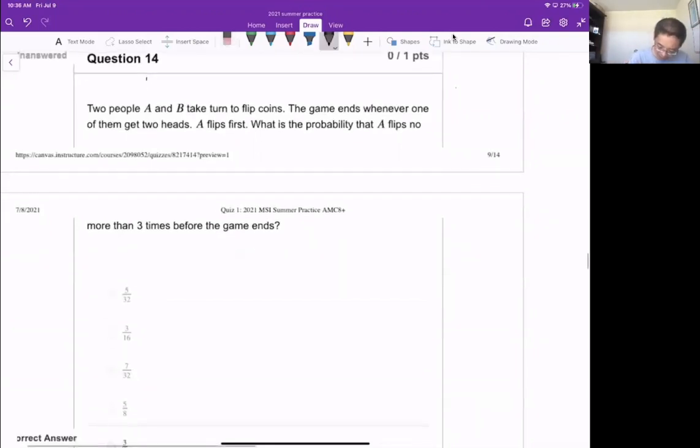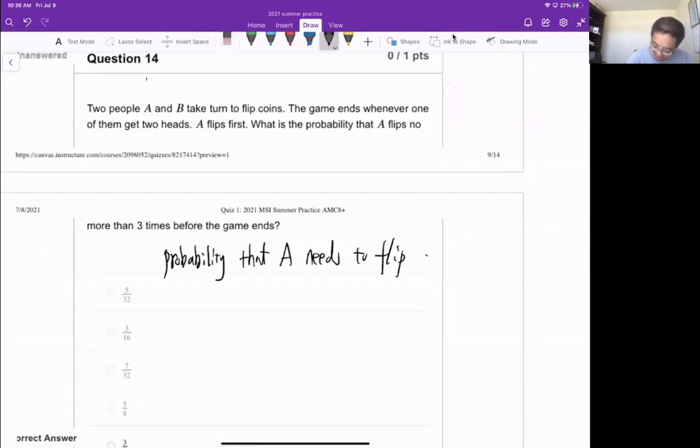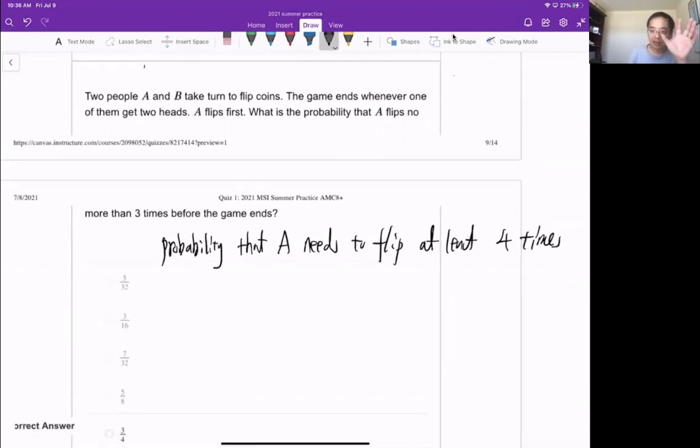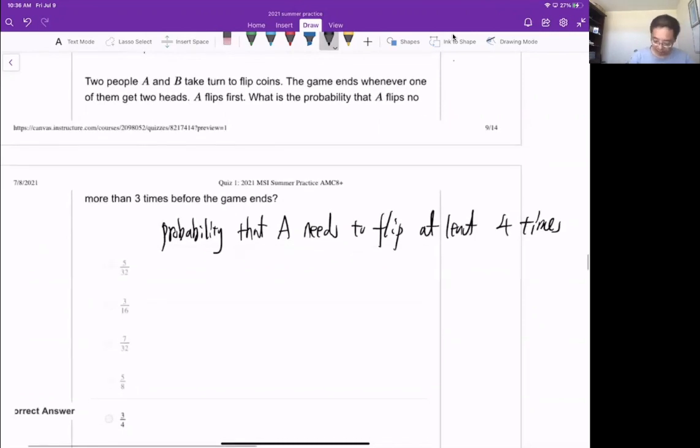Okay, so we'll look at the probability that A needs to flip at least 4 times. Now, that event is equivalent to the following.